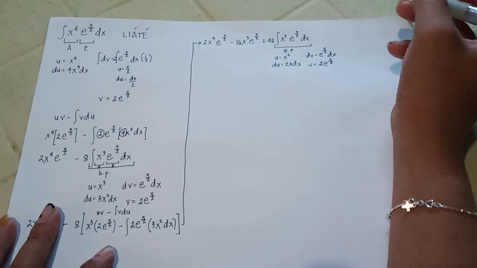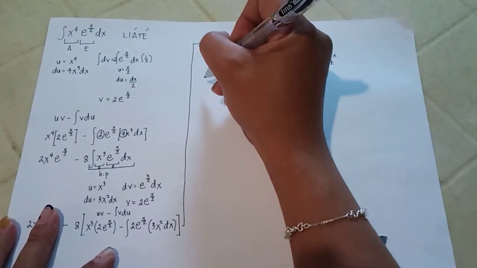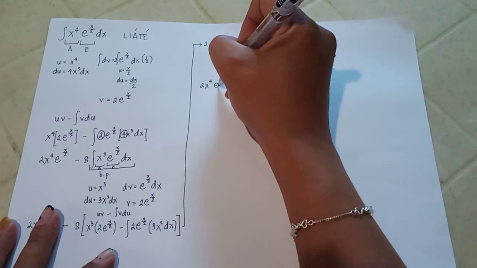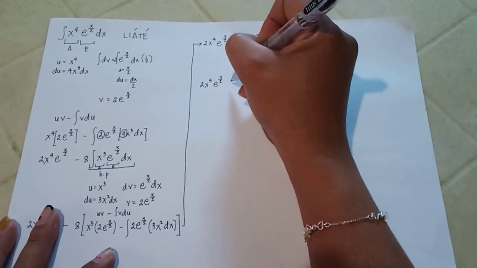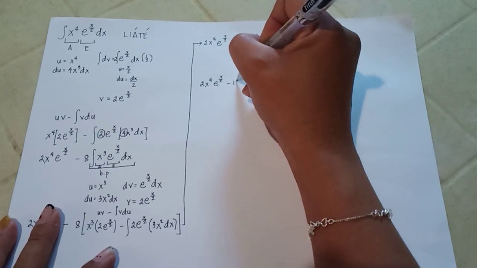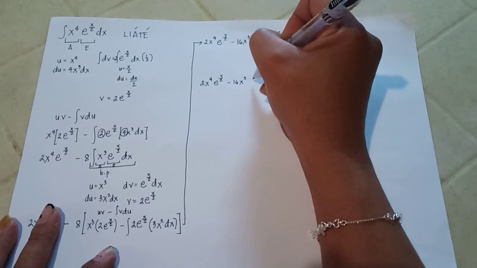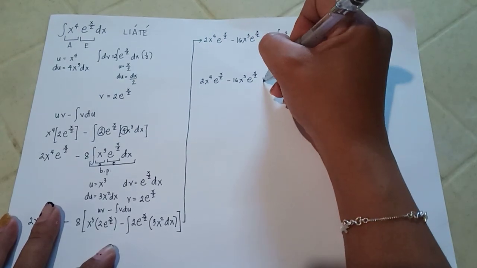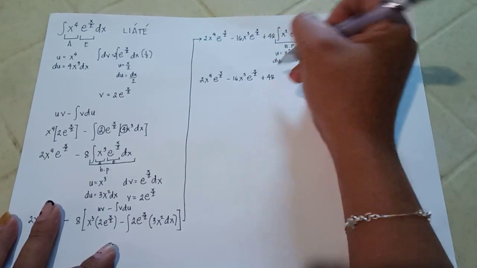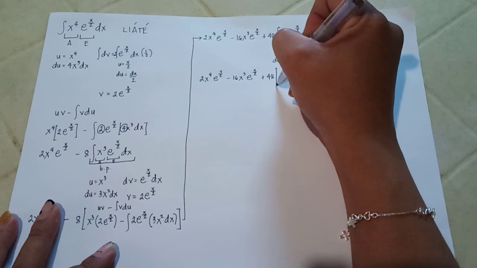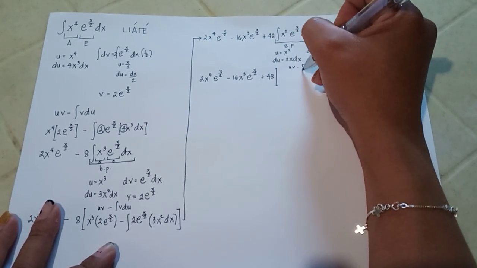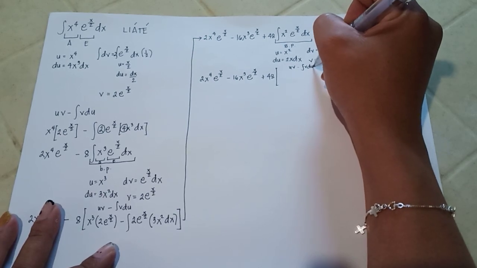Now, you just have to continue. So that's 2x raised to 4 e raised to x over 2 minus 16x cubed e raised to x over 2 plus 48, then multiplied by uv minus integral of v du again.